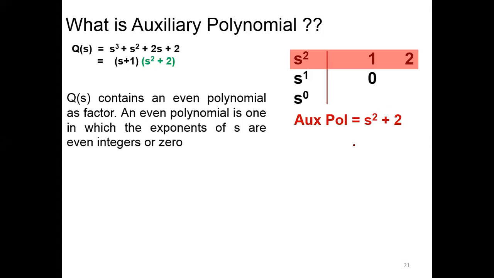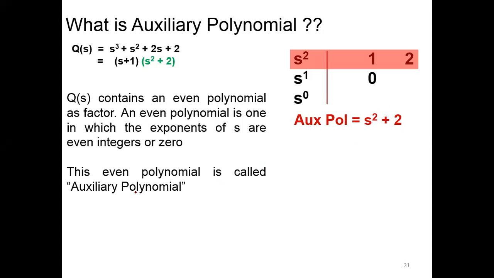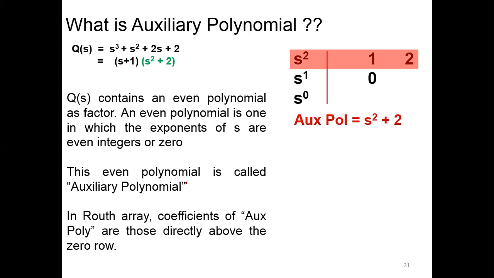So here we have an even polynomial. This even polynomial is called the auxiliary polynomial. In the Routh array, the coefficients of the auxiliary polynomial are those directly above the 0 row. Here we have calculated numerically, but if we make the Routh table for this complete polynomial, we can see that the auxiliary polynomial will be above the row of 0.